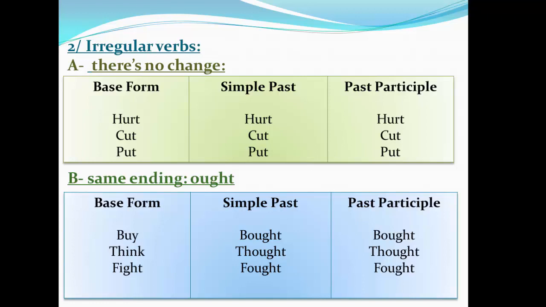Think, think يعني يفكر. Becomes thought in the simple past and thought in the past participle. Fight, fight يعني يتخاصم. Fight becomes fought in the simple past and fought in the past participle.